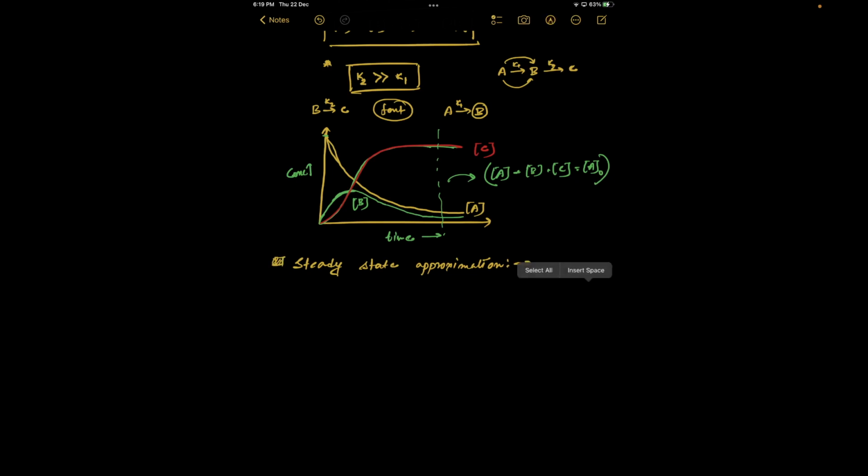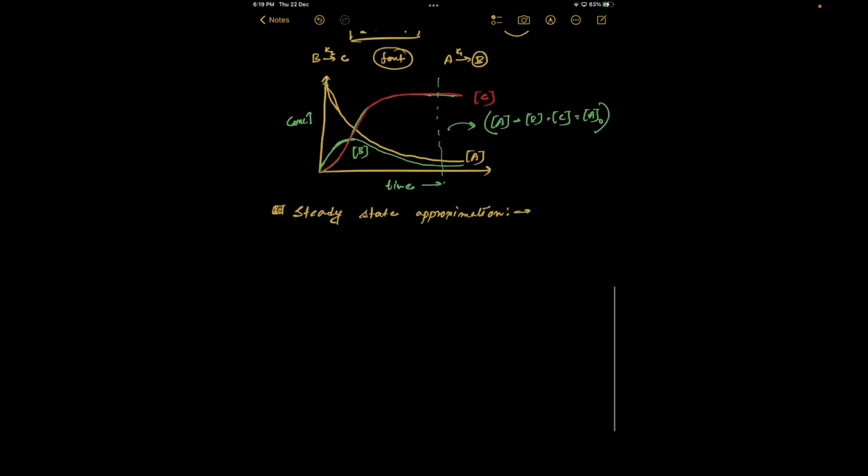Let's consider a reaction from A to B to C. C is the final product, and A is the reactant molecule.